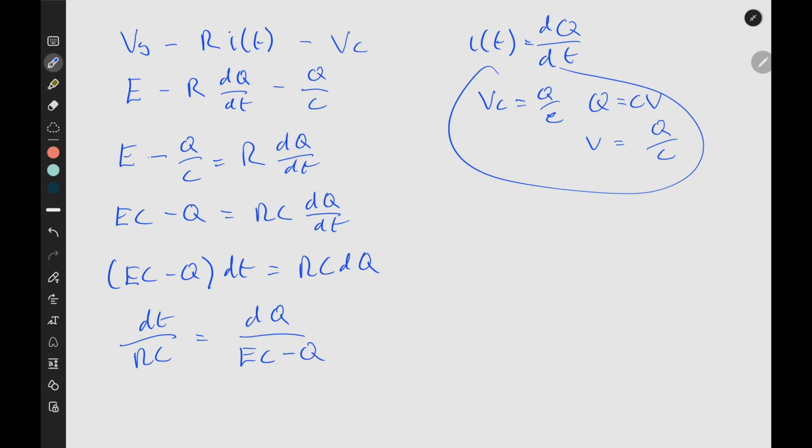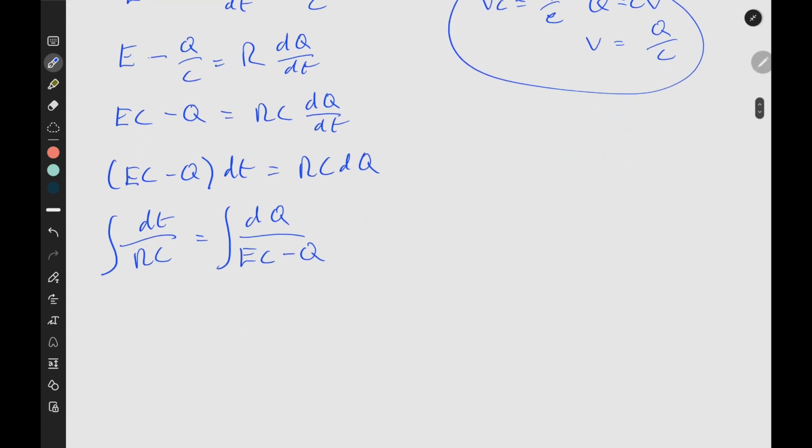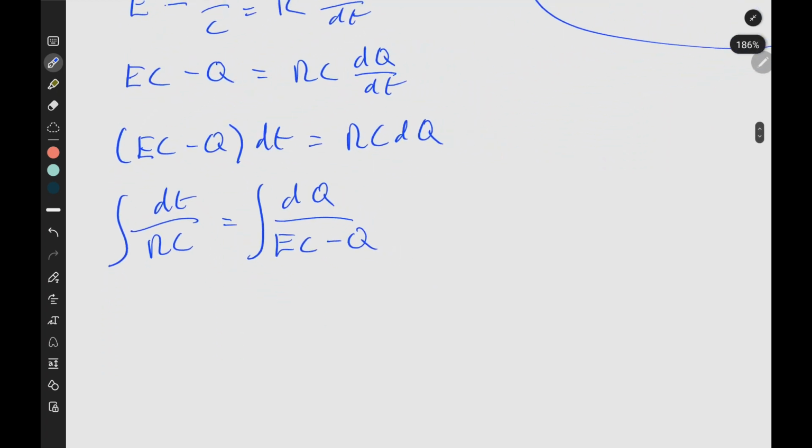And because we've actually separated the variables, and R and C are both constant, this is just t times a number, so we can integrate that. And we can integrate this as well. Because it's 1 over something, we know it's going to be a logarithm. We need our limits for integration. For t, it's going to be from 0 to t.